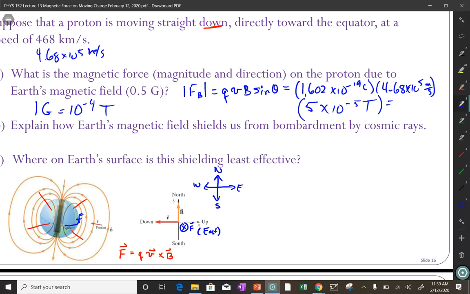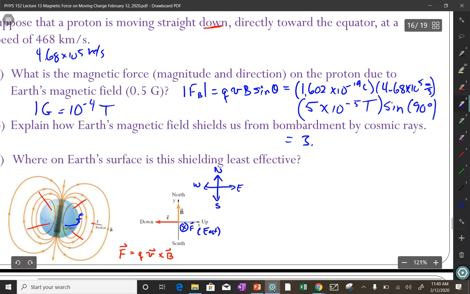Okay, so the q is the charge of the proton. The v is the velocity of that proton. And then the B is the magnetic field. Let me put in sine of 90 degrees. Okay, so I got 3.749 times 10 to the negative 8.